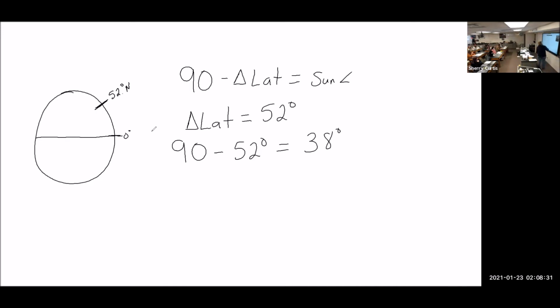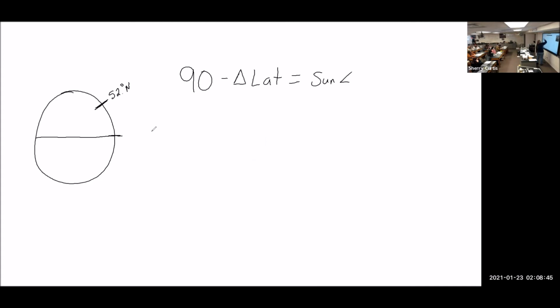Let's do this. This stuff all stays the same. But what do I have first? Summer solstice.